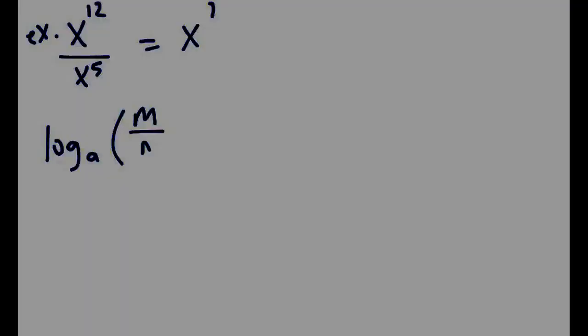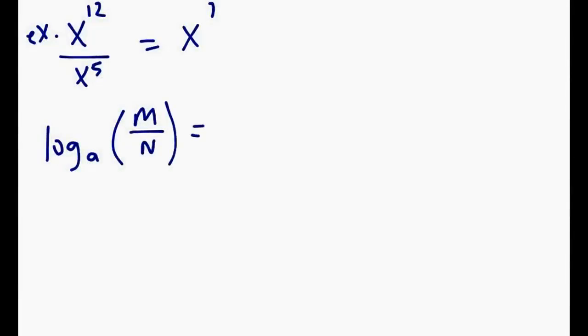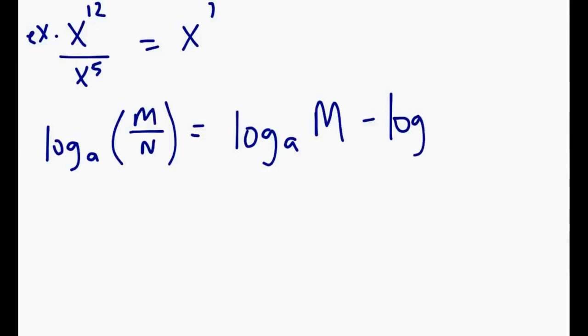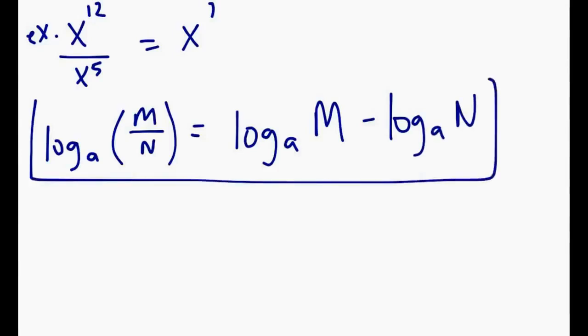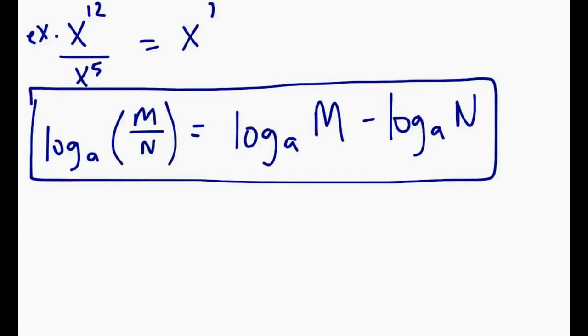If we have log a of m divided by n, because they're being divided, we can break that apart and have it as a subtraction: log m minus log n. Okay, so that's the second of the log laws that are on your formula sheet.